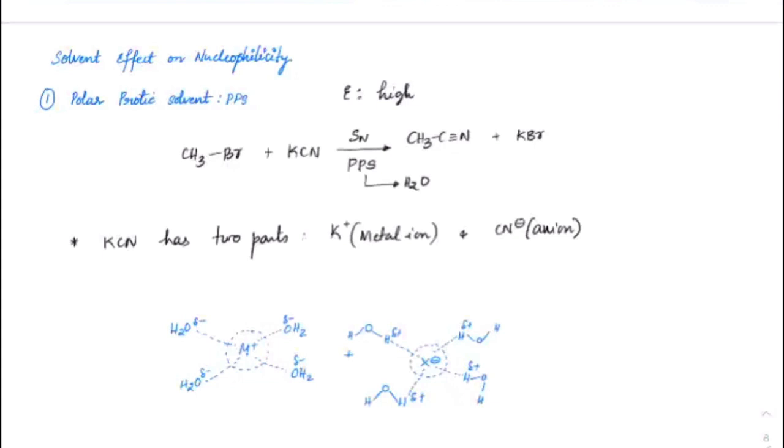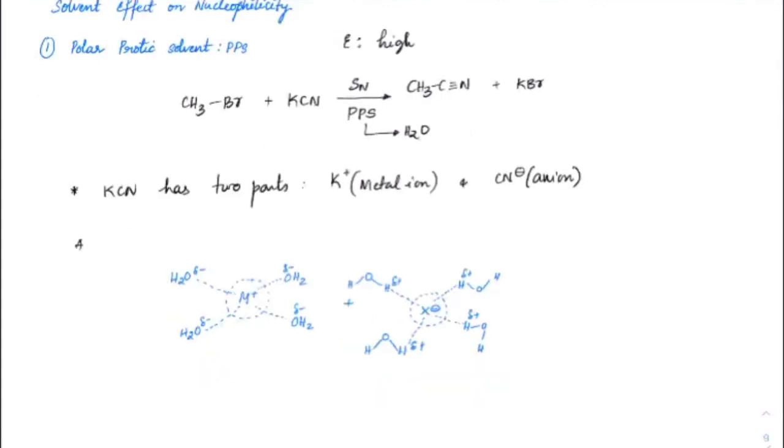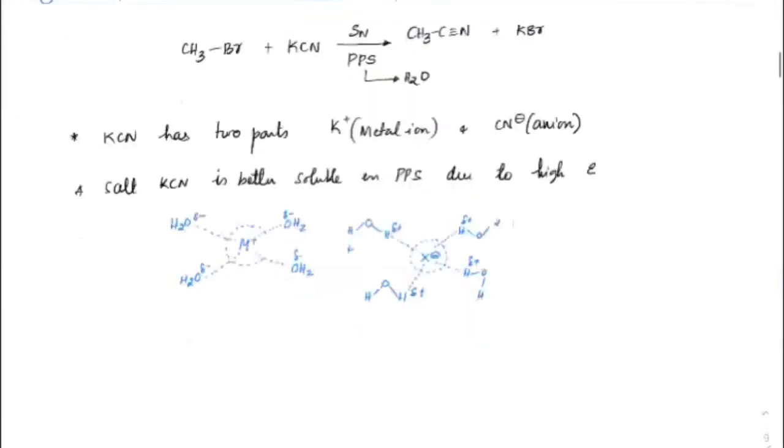Now both will get solvated, as this salt KCN is more soluble in polar protic solvent due to high dielectric constant. In polar protic solvent, this M plus gets completely surrounded by water molecules. Same way this X minus gets completely surrounded by water molecules, and both get separated out.